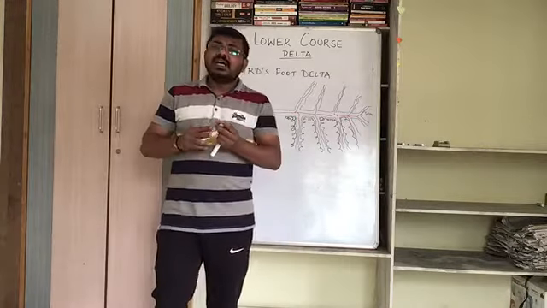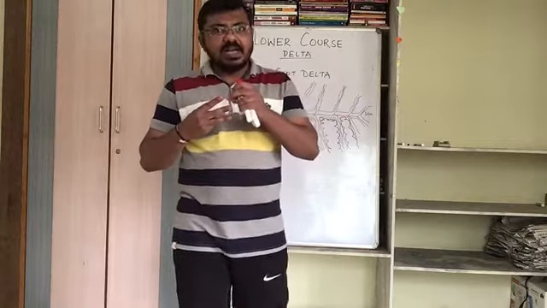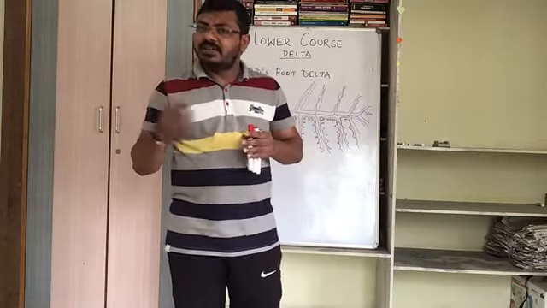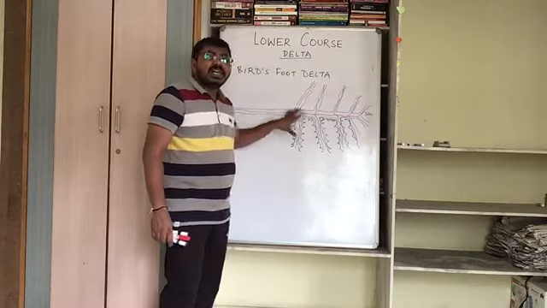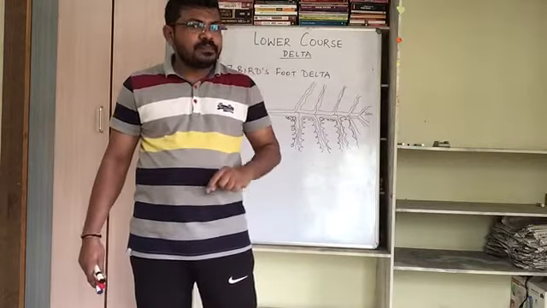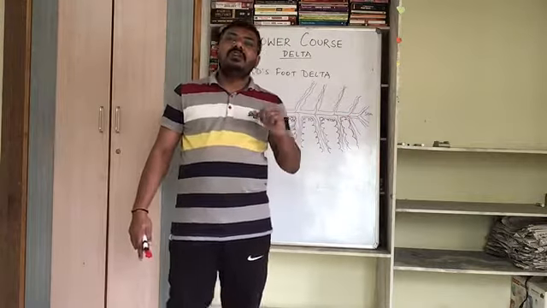So what we have learned, there are three types of delta: arcuate delta, cuspate delta, and bird foot delta. These are the three important deltas formed by major rivers in the world. This type of delta is formed by river Mississippi in North America. So river Mississippi forms a bird foot delta.